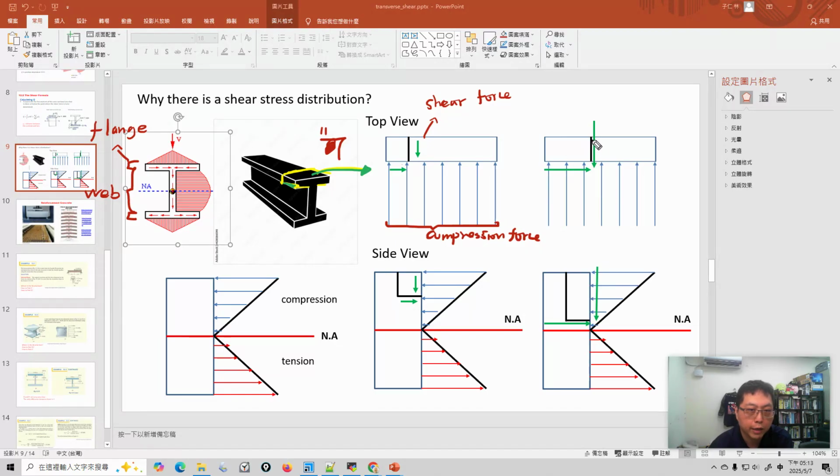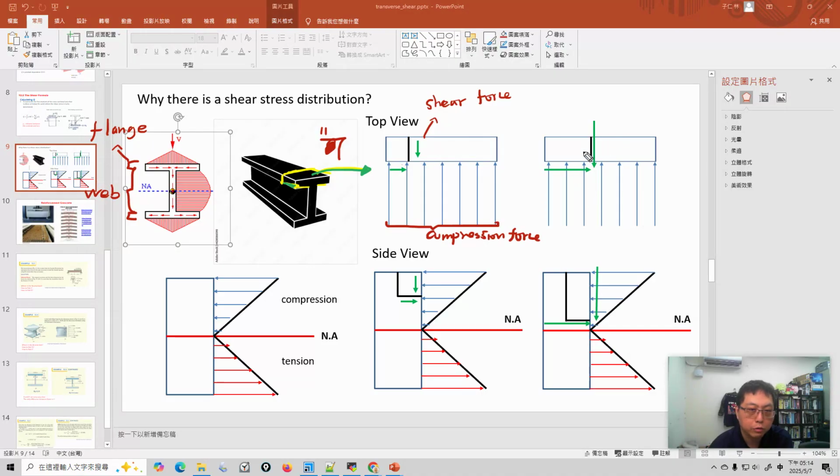We also cut a small section here. In this section, we will have more compression force, because the compression force at the flange part is uniformly distributed. Here I only have two compression forces, but here I have more compression force coming in.